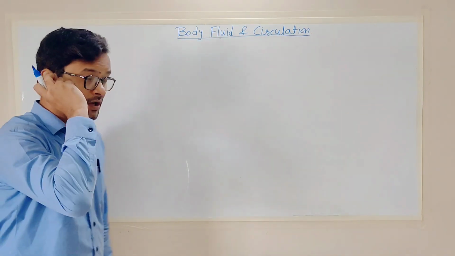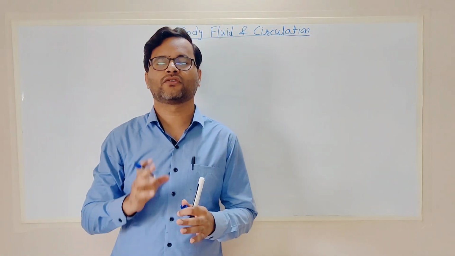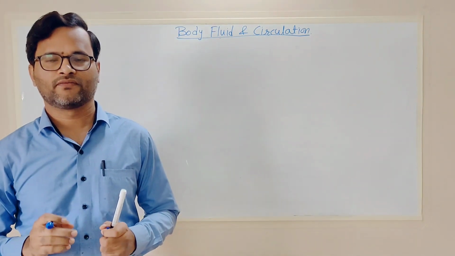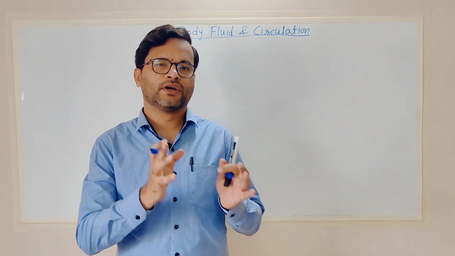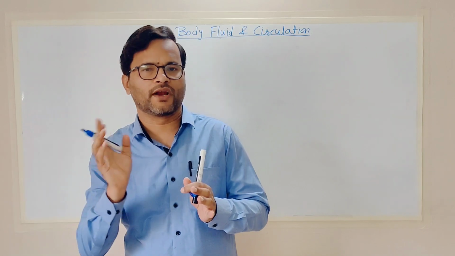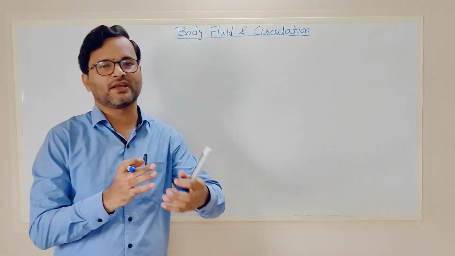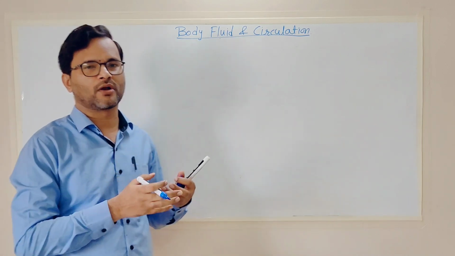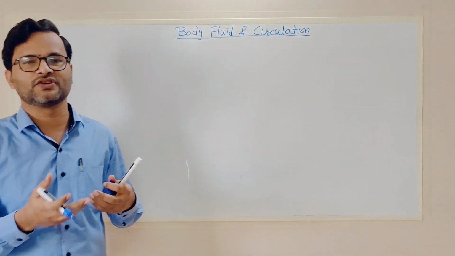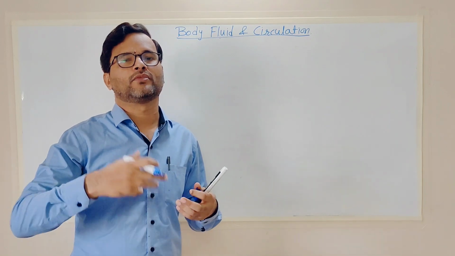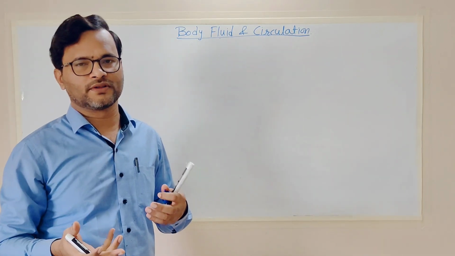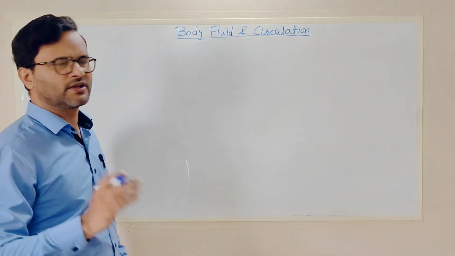Now, for the healthy functioning of body tissue, what is tissue? You know already, it is a group of cells. So a cell needs to take in some nutrients, hormones, minerals, oxygen, etc., and some it has to send out, that is the carbon dioxide, nitrogenous waste, like that.